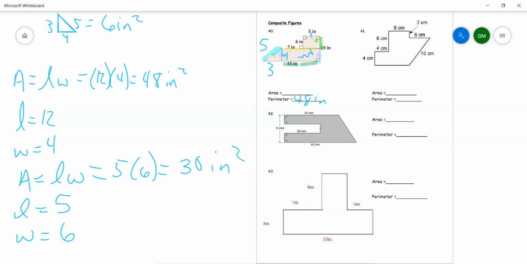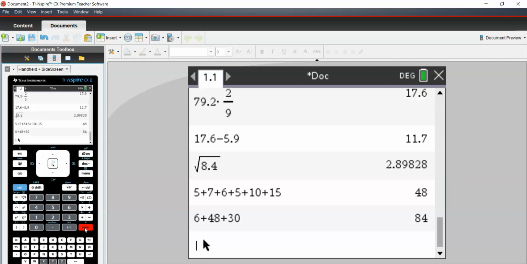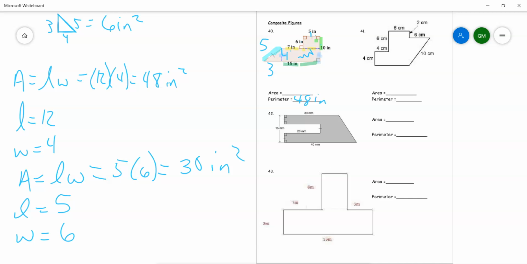And now we're just going to add all three numbers together. So we're going to have 6 plus 48 plus 30. And that gives us 84. So it's 84 inches squared.